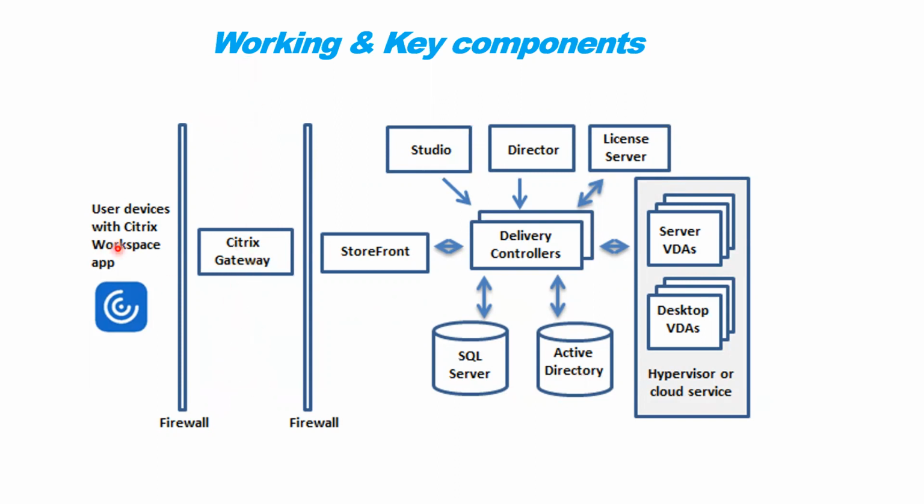From the end user device, the user has to open some URL in the web browser, and that URL hits our storefront. Storefront is nothing, it is just a web page. We provide some URL to our users, and users open that URL in the web browser.